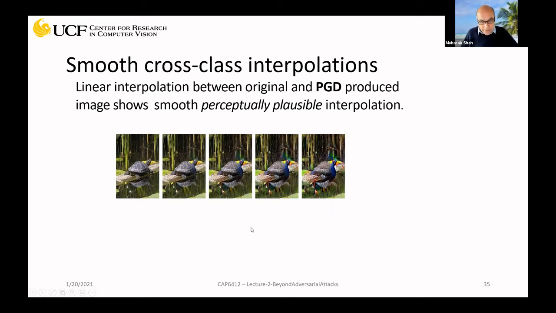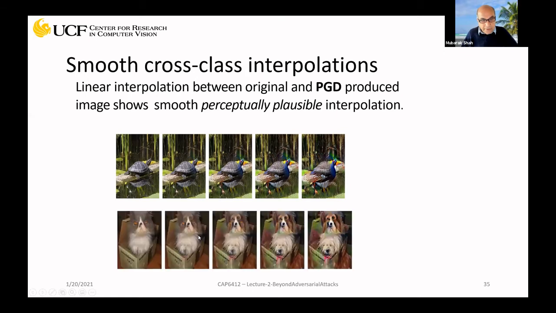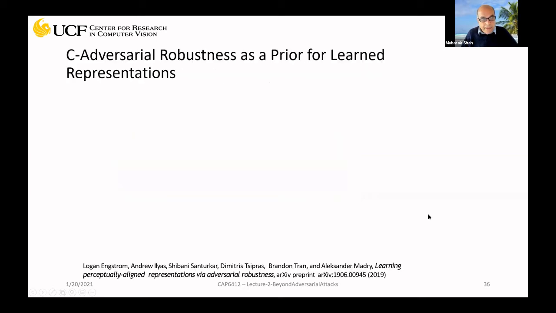That's what they actually show in the GAN examples: the images generated from GAN show this nice simple transition. The same thing is happening here in the robust classifier. Another example: we start from here, we train back here, but in between we can go through these kinds of things, which is interesting.